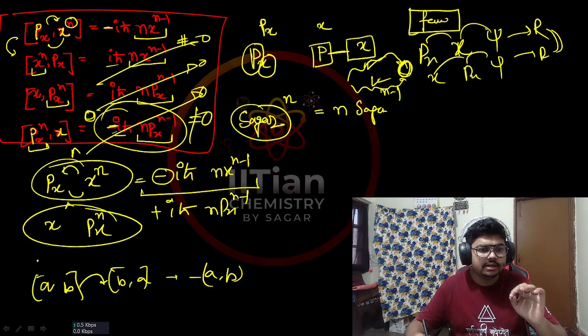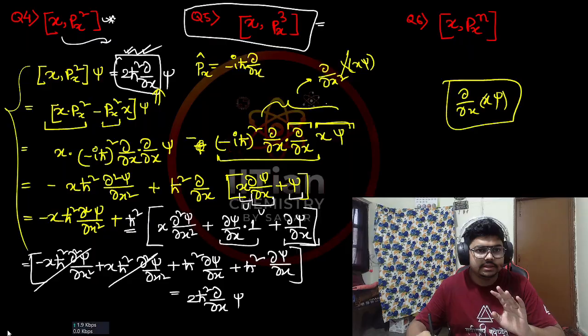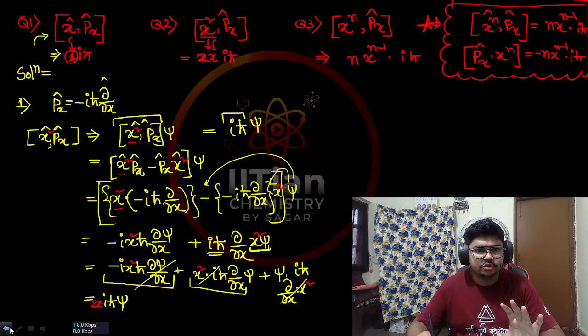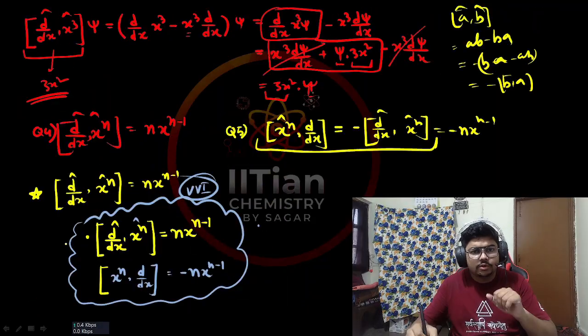At this point, the questions I have given you in these examples, and in the previous class also, just write those questions again on a fresh page, question 1, question 2, question 3, and try to solve them by yourself again.